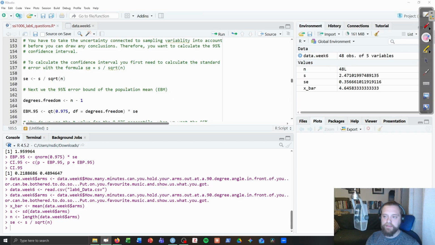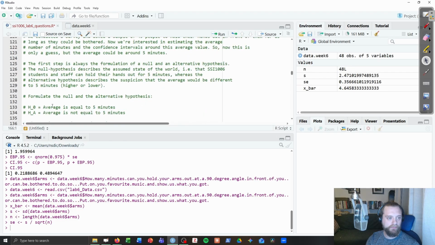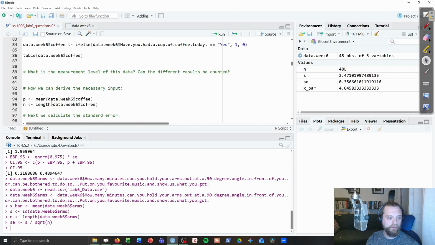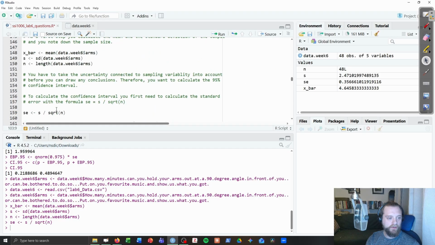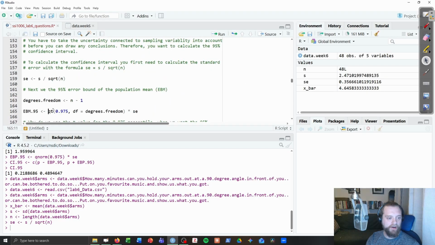Now what we do then is we just plug this into the t-distribution. This time we're going to use qt, because just like qnorm, as we saw up here, qt returns the area under a standard t-distribution.